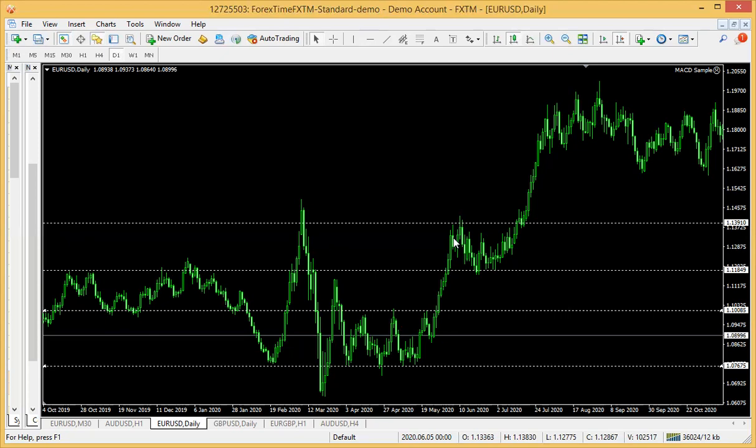Because if the strength of the trend is still healthy, that means this reversal candlestick pattern will only create a retracement. It will not create a reversal, because this swing is healthy.